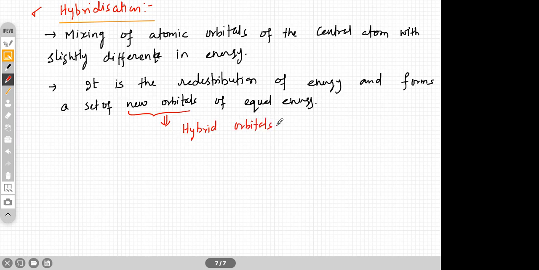So how do hybrid orbitals form? By the combination of atomic orbitals. The atomic orbitals of the central atom in a molecule combine and form a new set of orbitals, which we call hybrid orbitals. Are you getting my point?